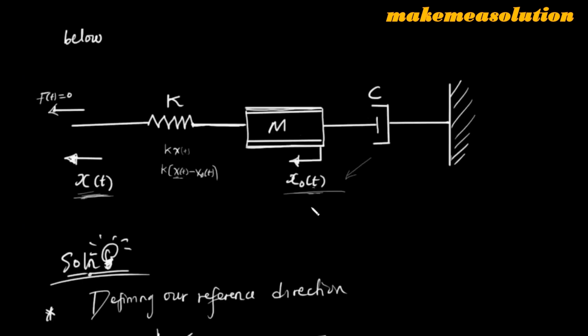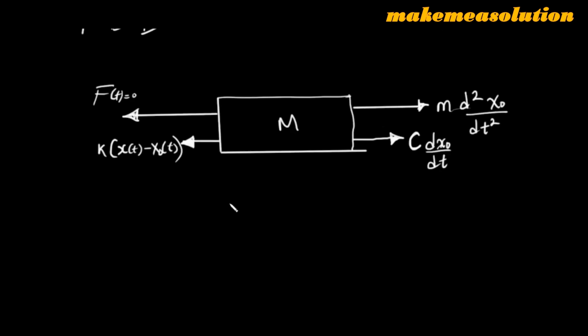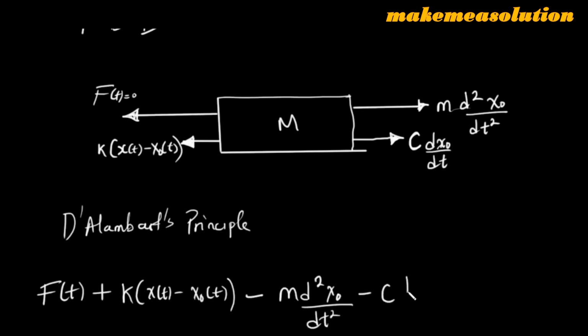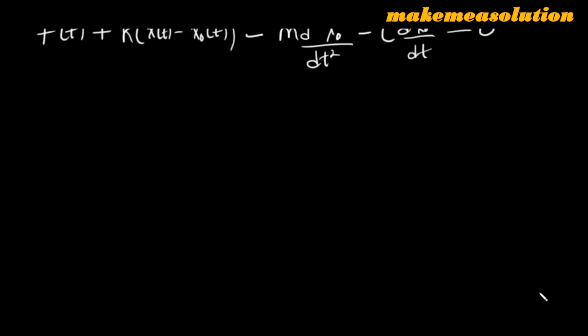Is that okay? So having gotten it like this, you're now going to use D'Alembert's principle. The sum of all the forces in the positive direction, minus the resisting forces, m d2 x naught over dt squared and c dx naught by dt, the algebraic sum of the forces, is equal to 0.